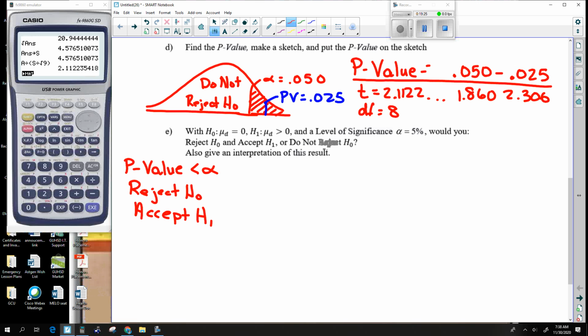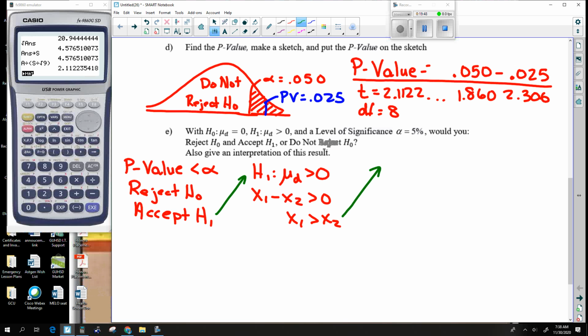H1 is what we're in essence taking. H1 in the problem is defined as mu of D is greater than 0. That's what H1 is saying. Mu of D is the same thing as saying x1 minus x2. And so we slide it over, and so we see that x1 is greater than x2.